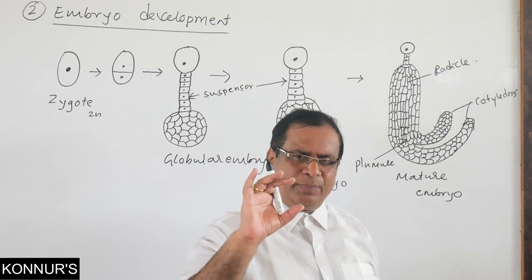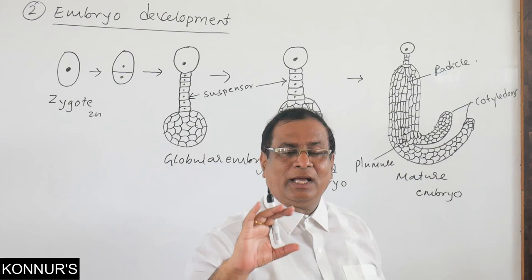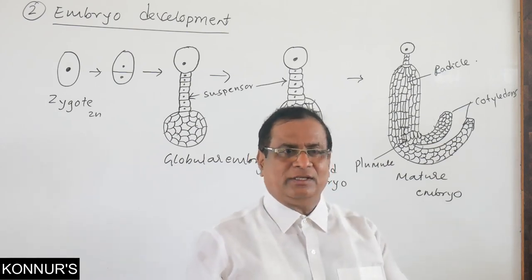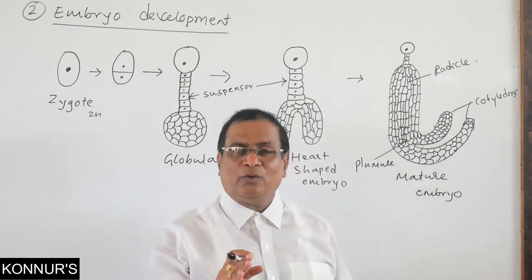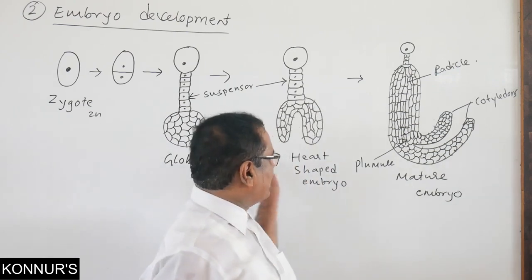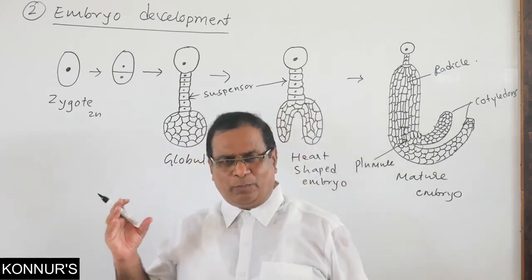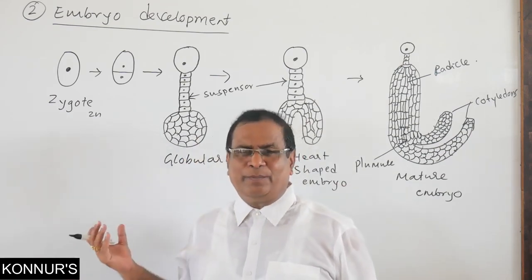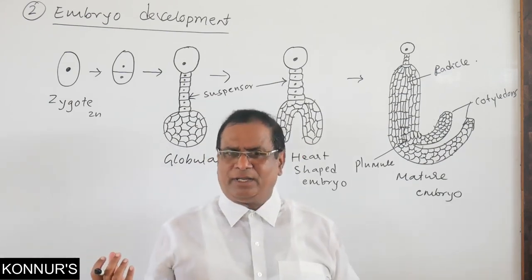separately the embryo of monocots and the embryo of dicots, because in later stages their development and even structure are varied. But at the starting, a zygote gives rise to a ball of cells by repeated mitotic division, and the embryo becomes globular, then heart-shaped.